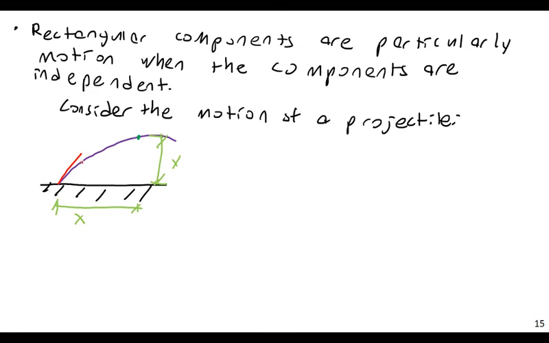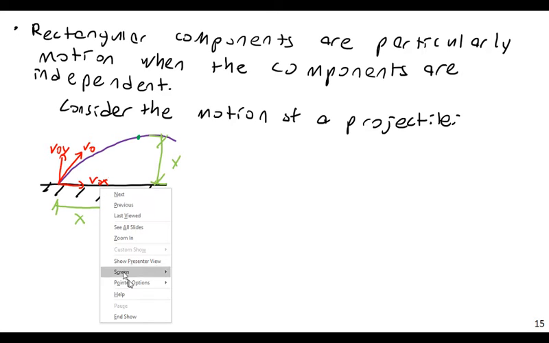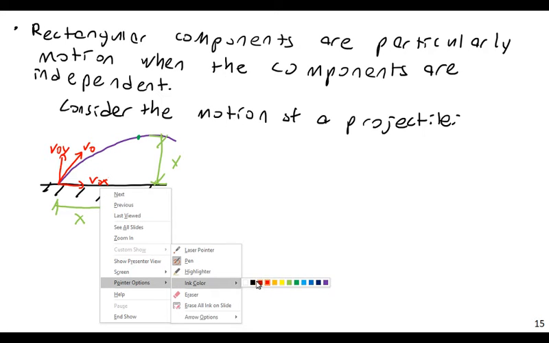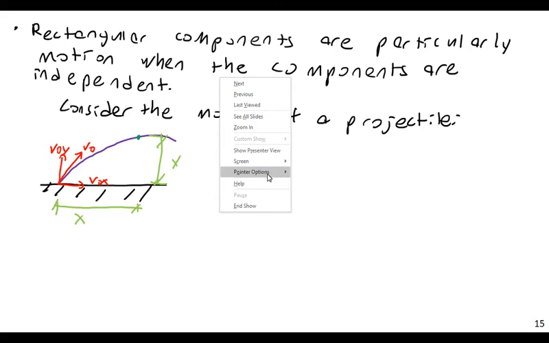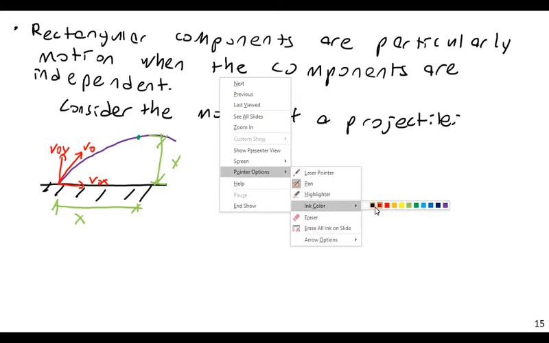So you'd have something like the v naught vector, and this would have a v naught x and a v naught y, an x and a y component. So let us see what I mean when I say the motions are independent. Let's look at this mathematically.